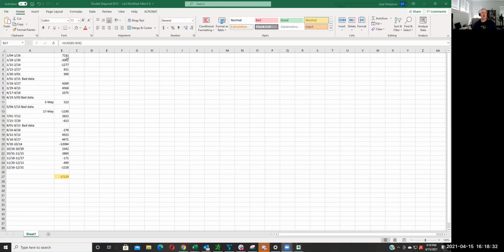But over a year of doing one contract each, one put and one call, I was up $17,129 on one contract. Double diagonal means that you do the same thing on a put and on a call. Let me find another one on just a put diagonal.